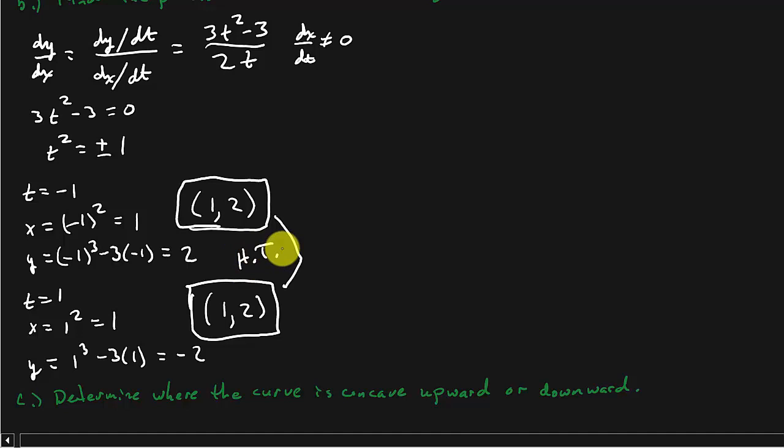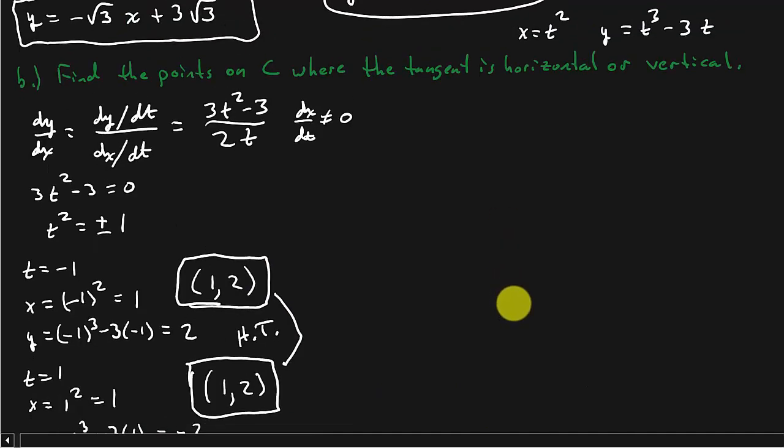Now let's find our vertical tangents. Where are our tangent lines vertical? That's when dx dt equals 0. So horizontal tangents, that's when dy dt equals 0 and dx dt does not equal 0.